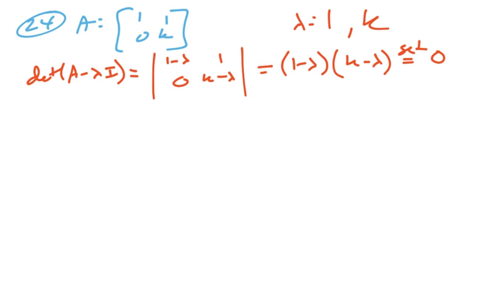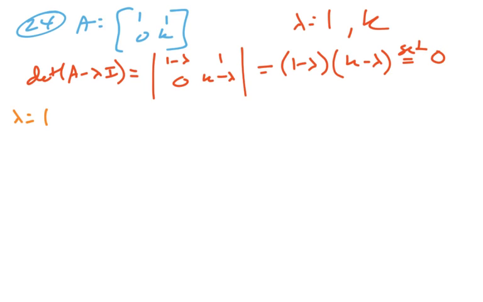You could have repeated roots if k was 1, but most of the time you're going to have distinct roots here. What I'm basically thinking of is that condition with the geometric multiplicities needing to match up with the algebraic multiplicities, right?